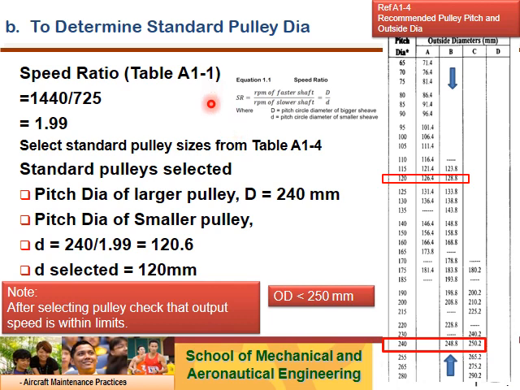Now let's move on to determine the standard pulley diameter. In this case, we need to know the speed ratio. Go to your appendix, equation 1-1 at page A1-1.